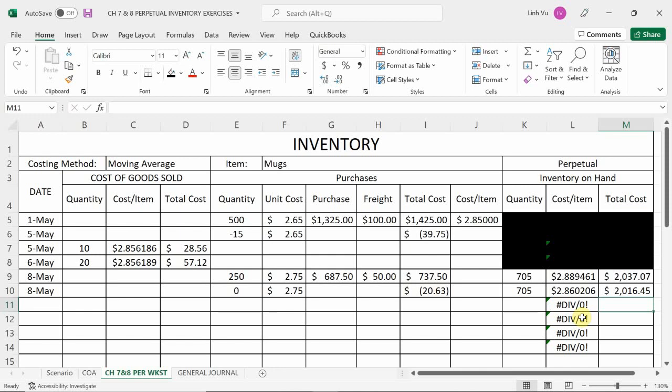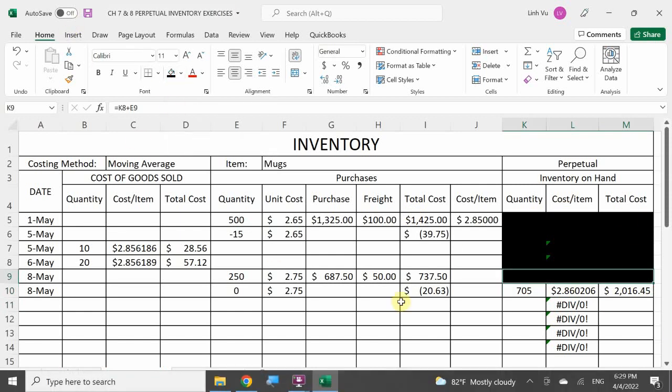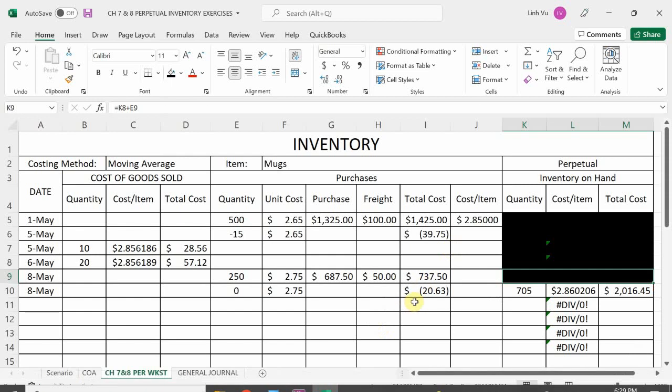So therefore, it should decrease your value down to $2016.45, because I took my 2037.07 and took out my discount of $20.63 to give me a total of this. So now I can report that my discount for that 15% is going to be $20.63.